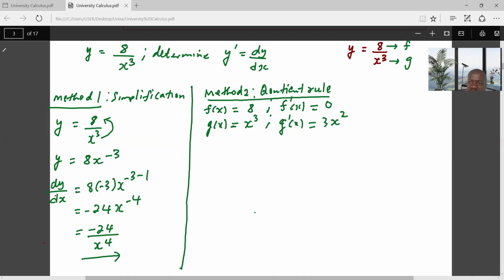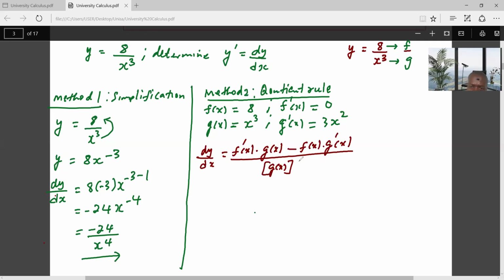According to the definition, when you have dy over dx, you differentiate the numerator, you leave the denominator, which is the g, minus, then you leave the numerator, then you differentiate the denominator. Always you do this. Divide by the square of the g, which is the denominator. You differentiate the numerator, you leave the denominator. You leave the numerator after subtracting, then you differentiate the denominator.